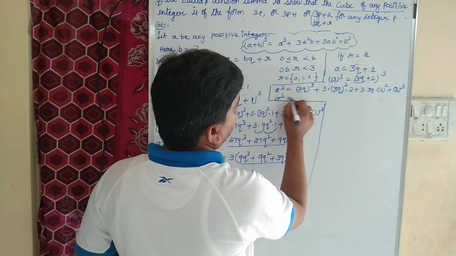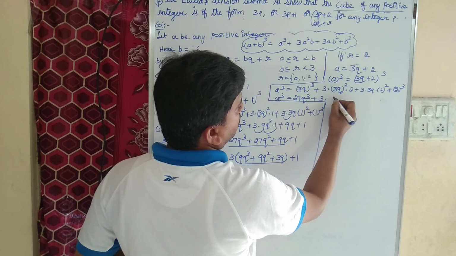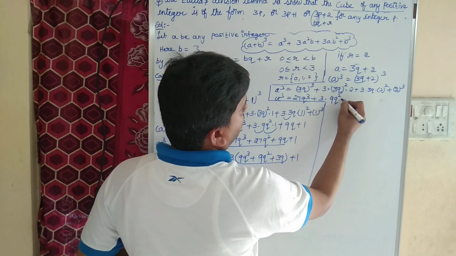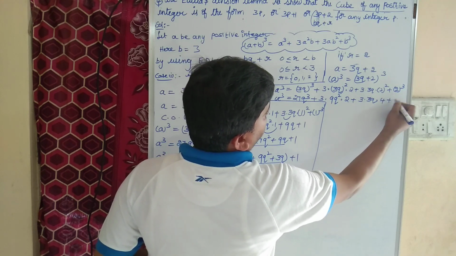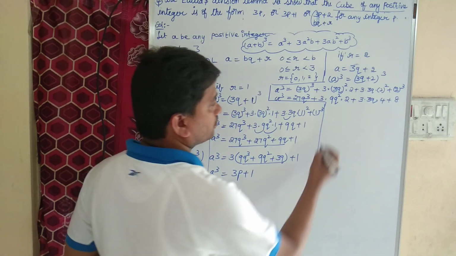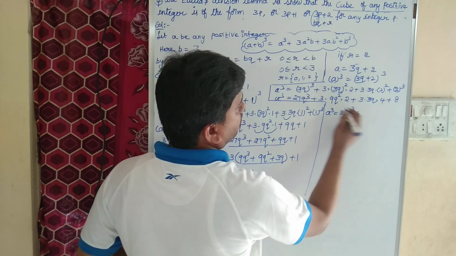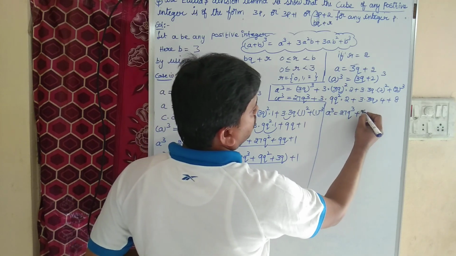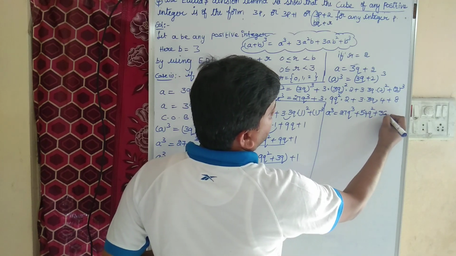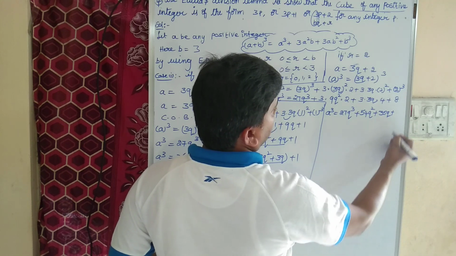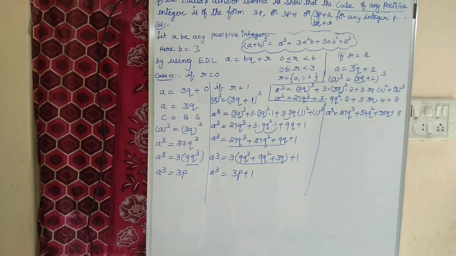So a cube equal to 3 cube means 27q cube, 3 into 3 square 9q square into 2 plus 3 into 3q into 2 square 4 and 2 cube 8. A cube equal to 27q cube, 3 9s are 27, 27 2s are 54q square, 3 3s are 9, 9 4s are 36q plus 8, right?